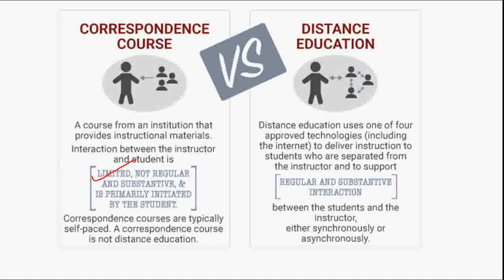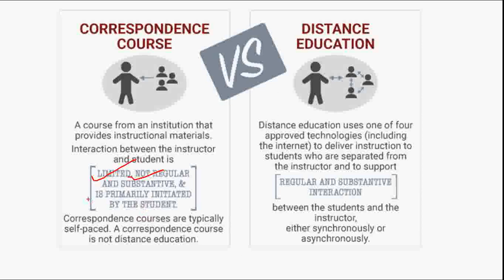Here the relation or interaction between the instructor and student is very limited, not regular and substantive. Okay, it is primarily initiated by the students. It is only, we can say, if the students initiate the meeting with the teacher, then the interaction is possible, but the teacher will not directly come to join with people to instruct you.